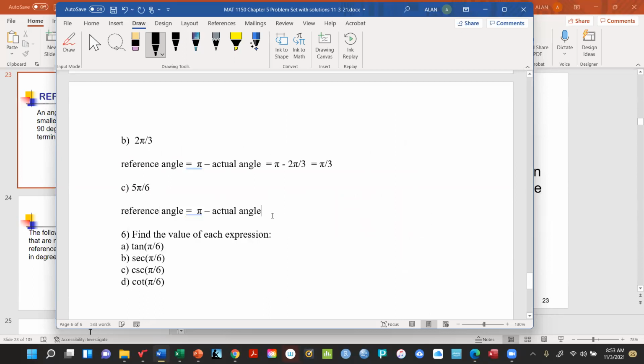All right, so we're going to have equals pi minus 5 pi over 6. And so we're just going to wind up with pi over 6. Beautiful. Well, that was easy.